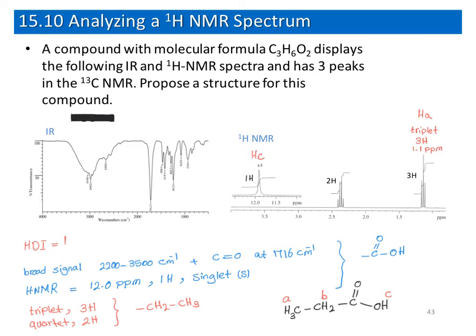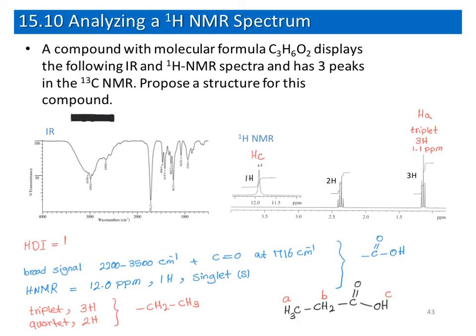Now for hydrogen B, hydrogen B is connected to the carbon, which is connected to carbonyl, and we expect to see that somewhere between 1.5 to 2.5 ppm, and it actually appears at around 2.4 ppm. About the multiplicity, this hydrogen is connected to the carbon, and on a neighboring carbon we have 3 hydrogens.